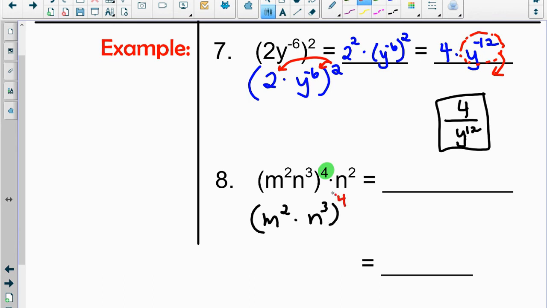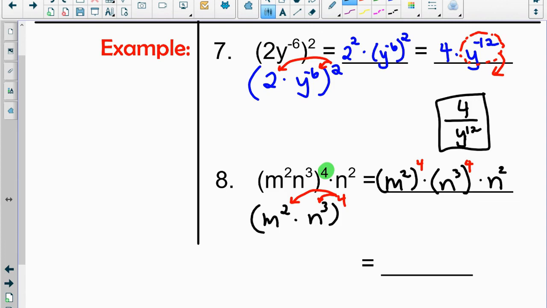So I'm going to start by distributing my exponents, and that's going to leave me with, let's see, m squared is raised to the 4th power, and then the n cubed is also being raised to the 4th power, and then I still had that n squared at the end. I don't want to lose track of that.